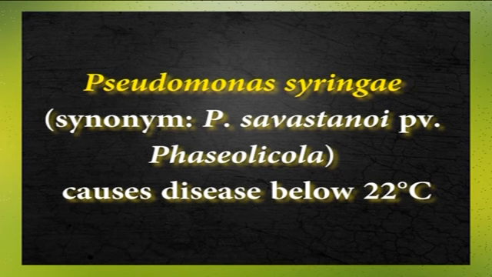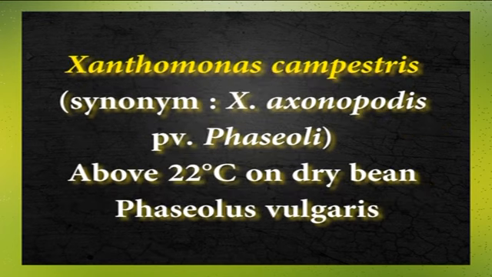For example, Pseudomonas syringae, with the synonym Pseudomonas savastanoi, pathovar phaseolicola, causes disease below 22 degrees centigrade, and Xanthomonas campestris, with the synonym Xanthomonas axonopodis, pathovar phaseoli, causes disease above 22 degrees centigrade on dry bean, Phaseolus vulgaris.